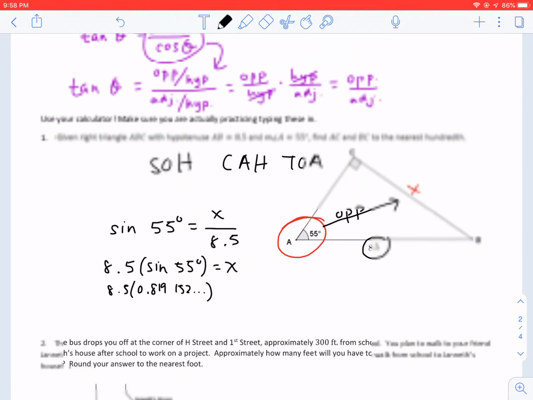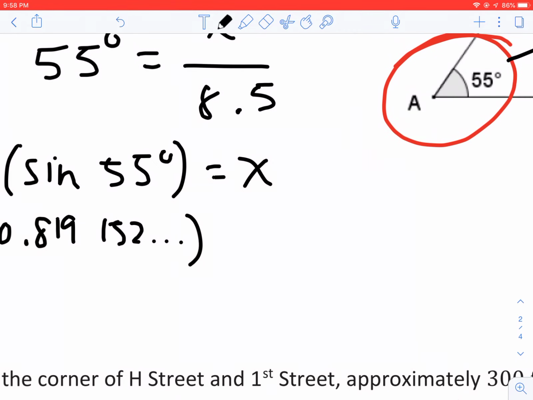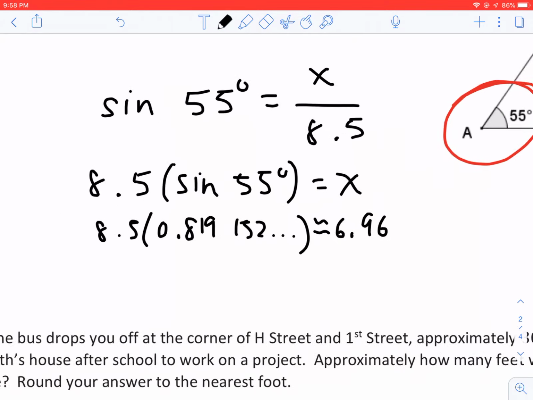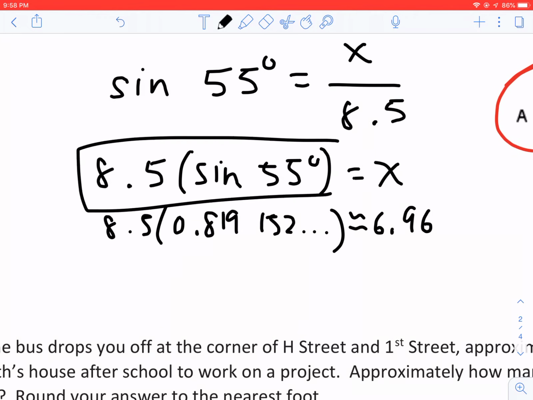What did it tell us to round to? To the nearest hundredth. That's going to be 6.96 approximately. When you type this into your calculator, you don't need to type in the intermediate value. Just type the whole expression into your calculator and get your answer right away.